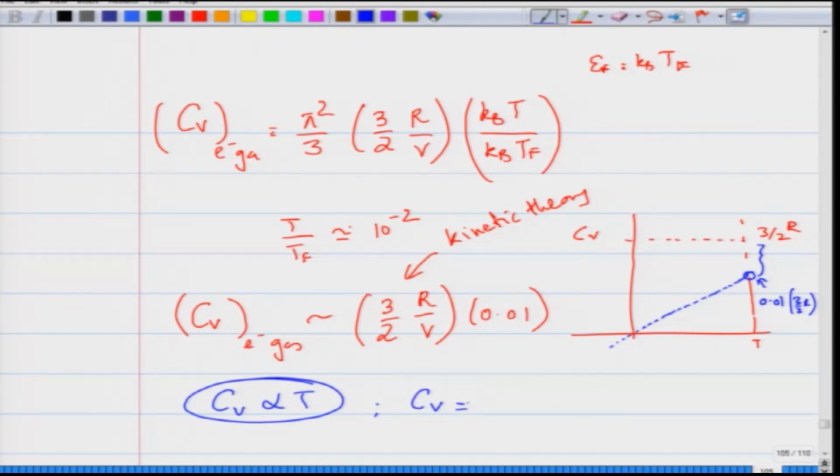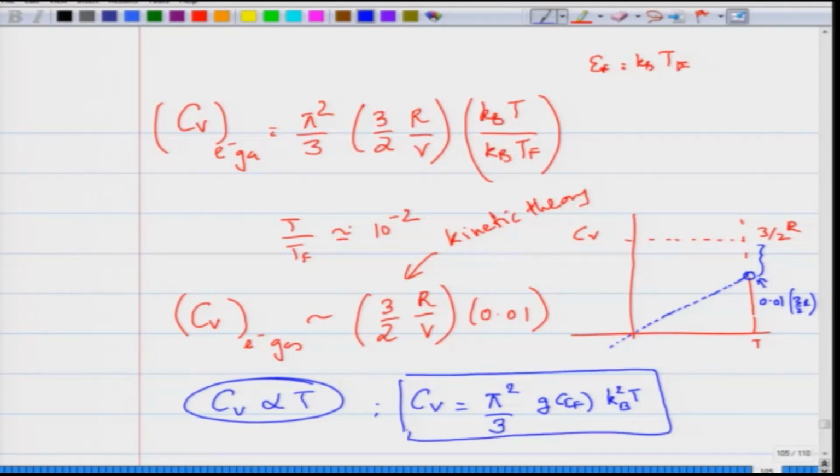Thus, Cv you can write it as pi square by 3 density of states at the Fermi energy kB square T. Okay. This is your specific heat, okay.